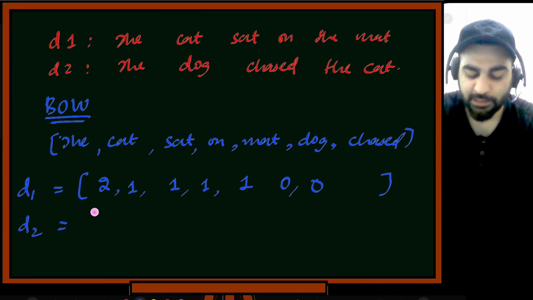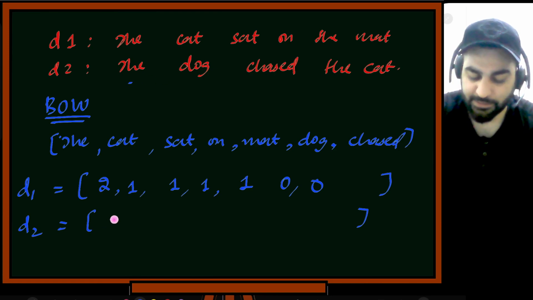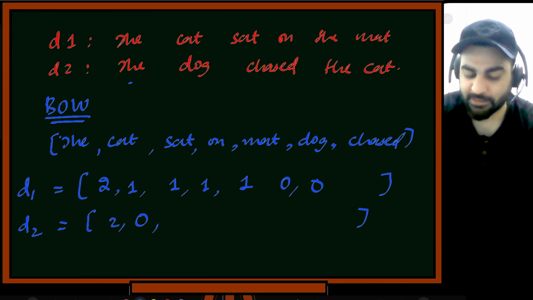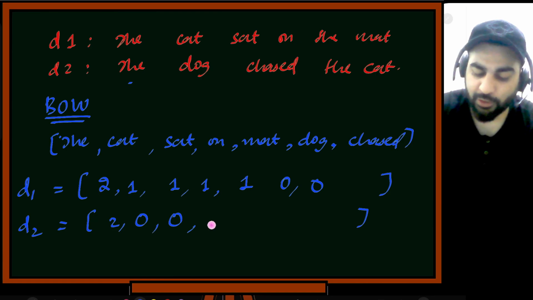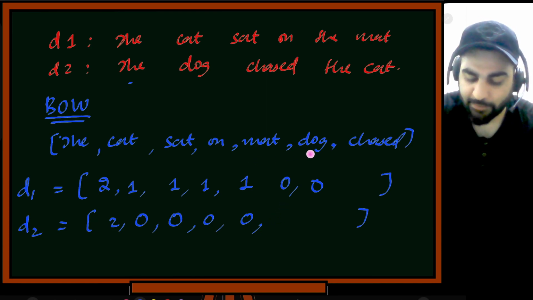For D2, it will be something like this. "The" appeared 2 times. Cat appeared 1 time. Sat appeared 0 times. On appeared 0 times. Mat appeared 0 times. Dog appeared 1 time and chased appeared 1 time.